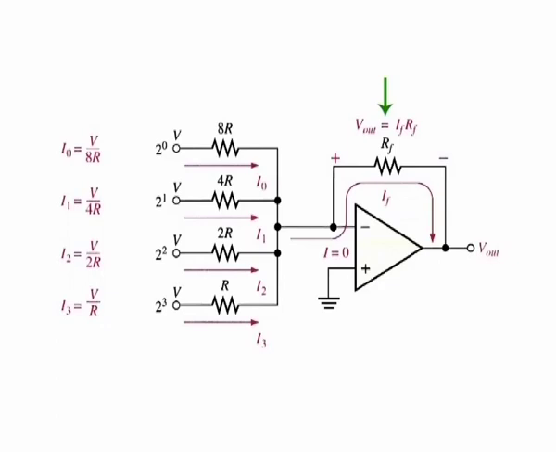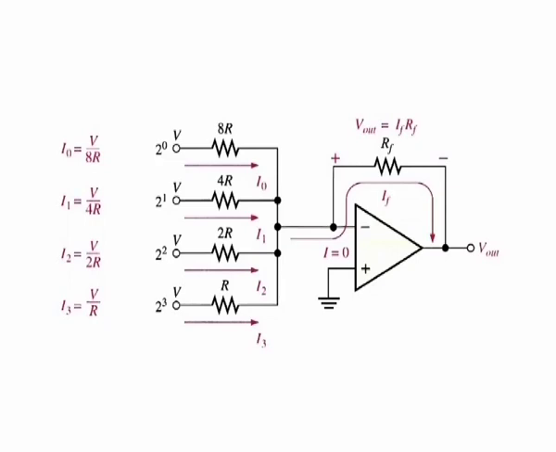The values of the input resistors are chosen to be inversely proportional to the binary weights of the corresponding input bits. The lowest value resistor R corresponds to the highest binary weighted input, that is 2 to the power 3.